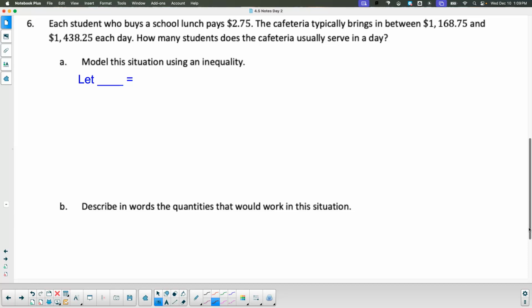B as in boy. T is in the plus. I heard B as in boy first. All right, I like it. So that's going to be the number of students or number of lunches served, right?